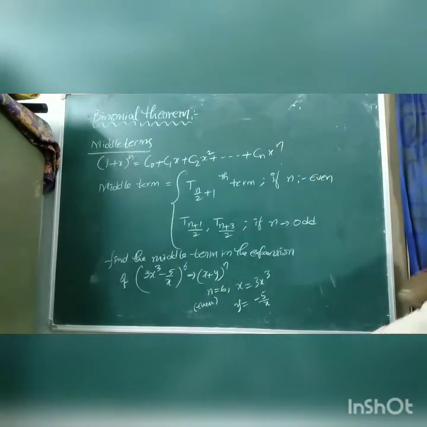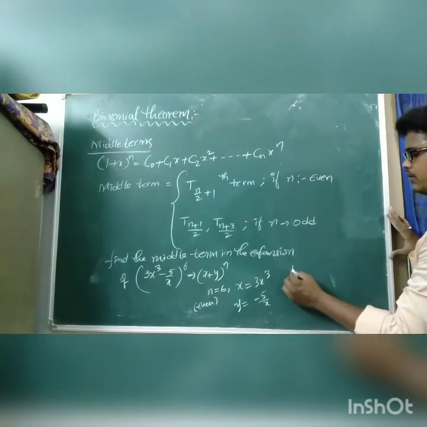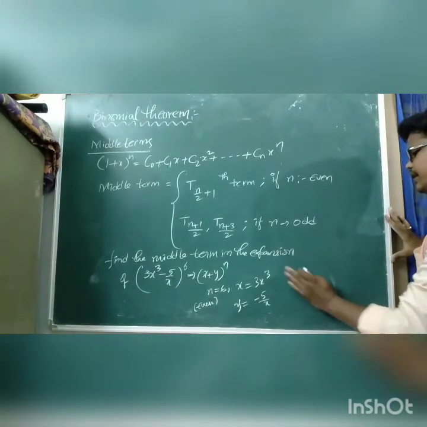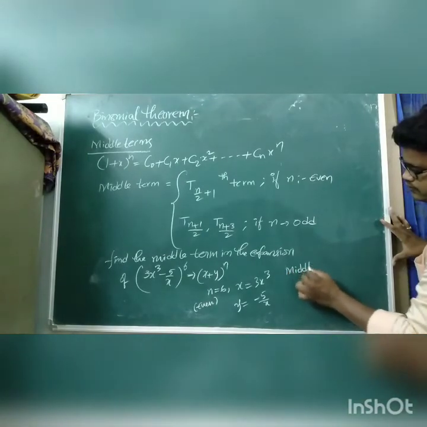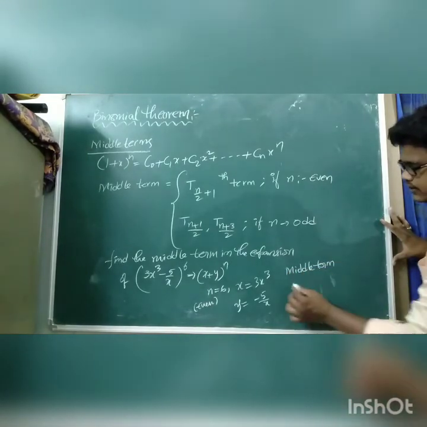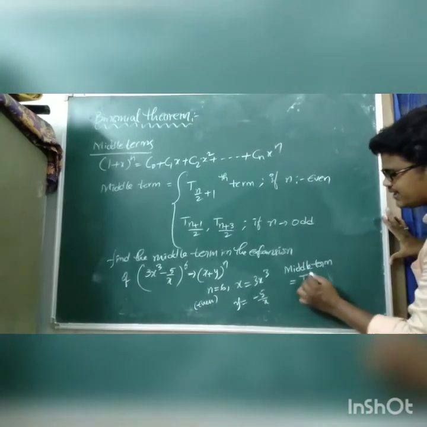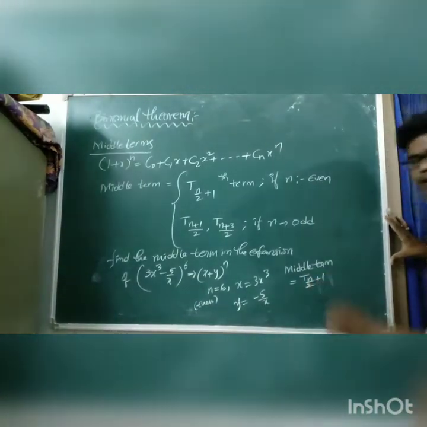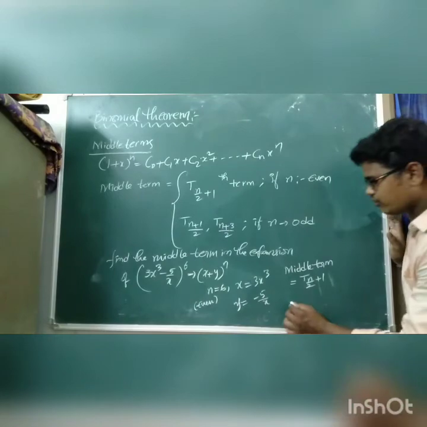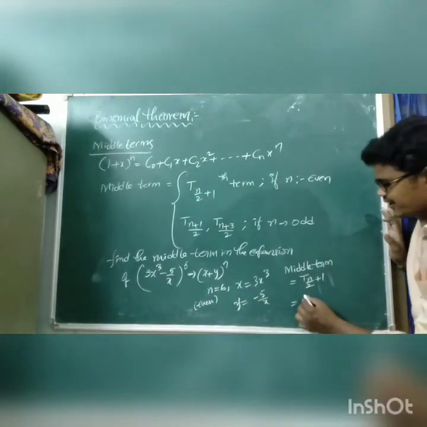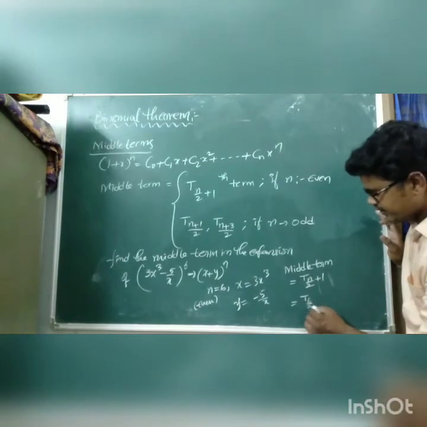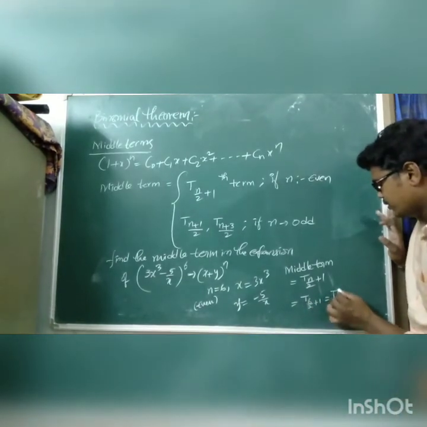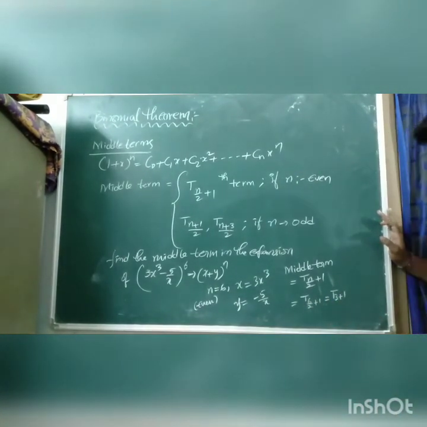Then what will be the middle term? If n is even, then the middle term is equal to T(n/2 + 1). The value of n is 6, so 6/2 + 1, which is equal to T(3+1).